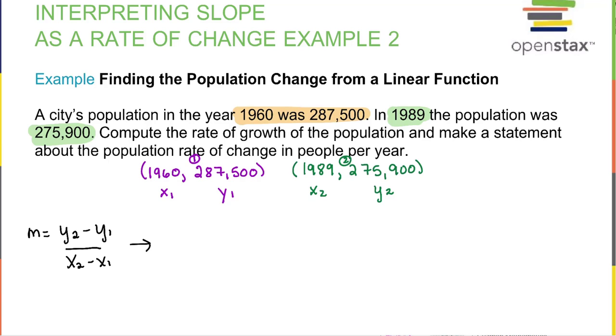On the top we have y2, which is 275,900. That's going to go right there. Then I have minus y1. y1 is 287,500.